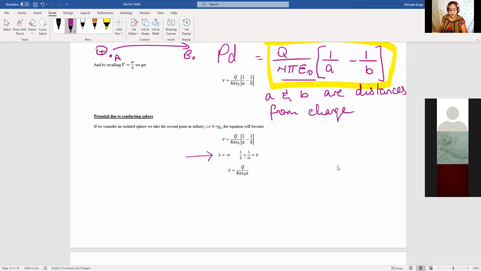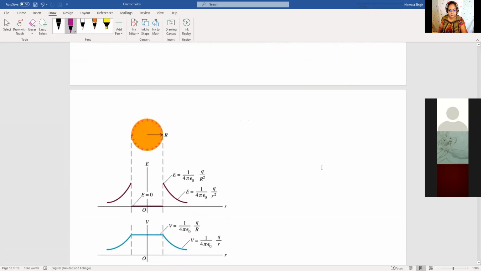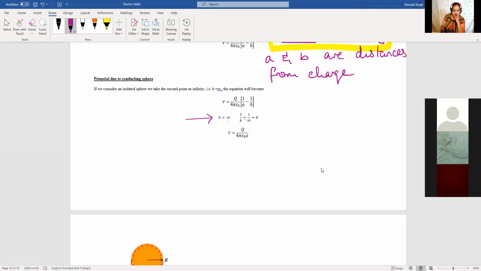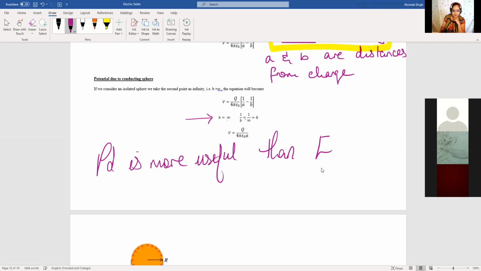Now, just to remind you all, remember we were talking that potential difference is more useful than your electric field strength. Let's look at our equations again. Potential difference, or your potential, is V equal to Q over 4 pi epsilon naught A. And your electric field strength is E equal to Q over 4 pi epsilon naught r squared.